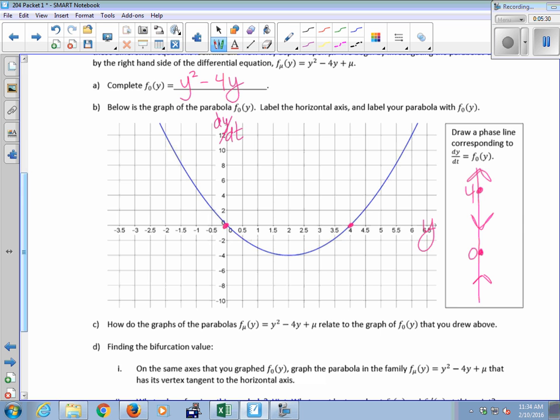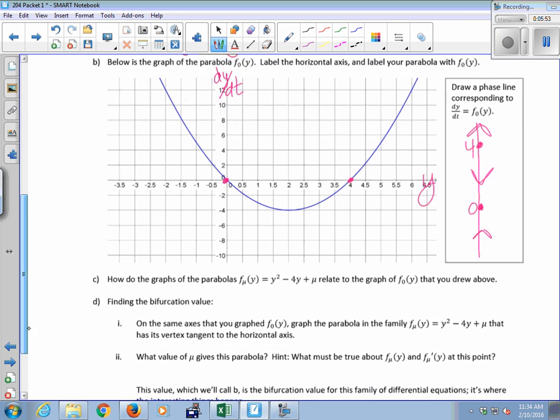I could draw a different parabola and a different phase line for every possible mu, right? So there are infinite parabolas and infinite phase lines that I can draw when I pick random values of mu. I've just picked one value, sketched what it looked like, and that helps me draw a phase line.